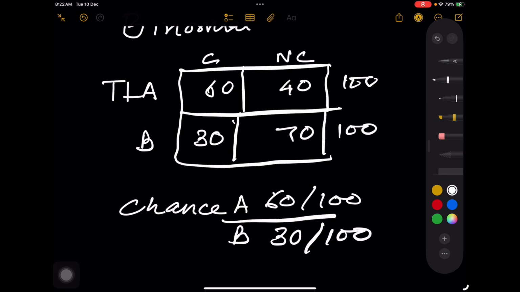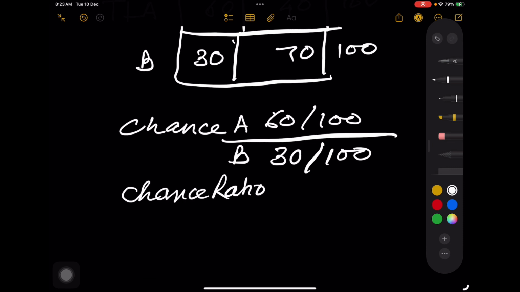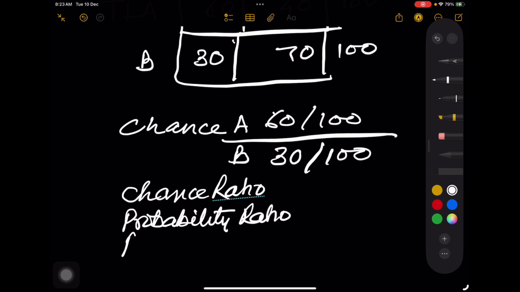And if you divide 60 upon 100 by 30 upon 100, you would get a chance ratio or a probability ratio, or a risk ratio.